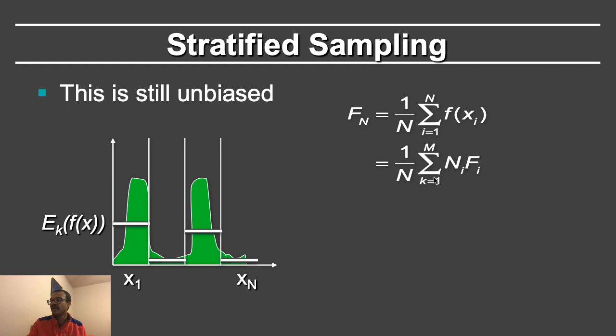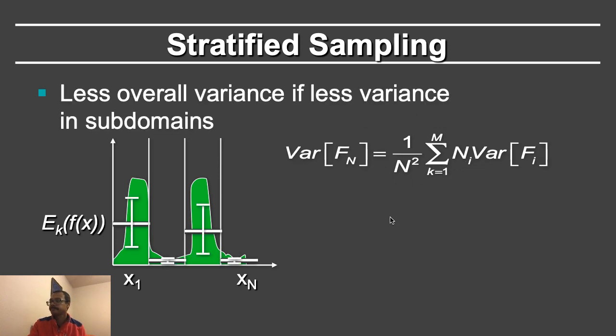In this case, you are estimating over some m subdomains. N_i, or N_k, would be the number of samples in each of the subdomains. One can also do an analysis of the variance without going too much into the math. If the variance in each of the subdomains is less, then the total variance will also be less.